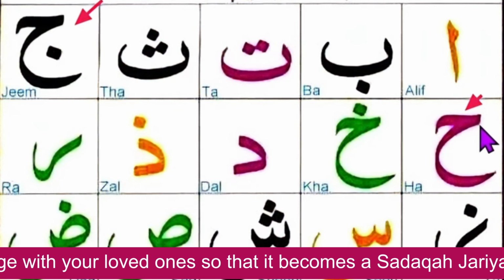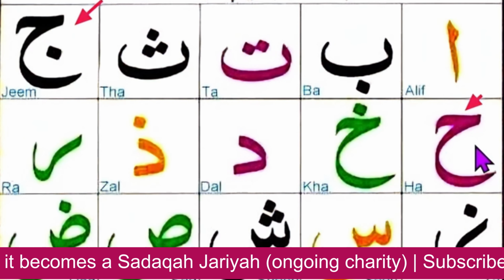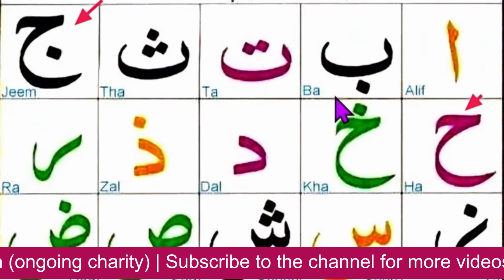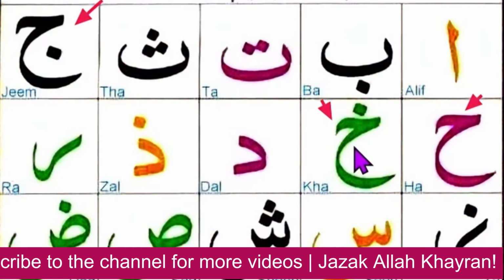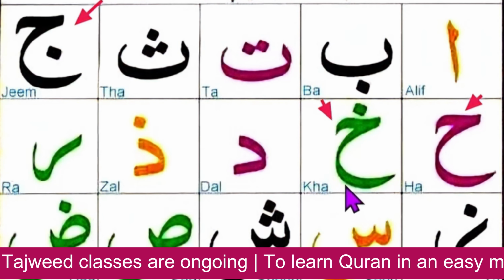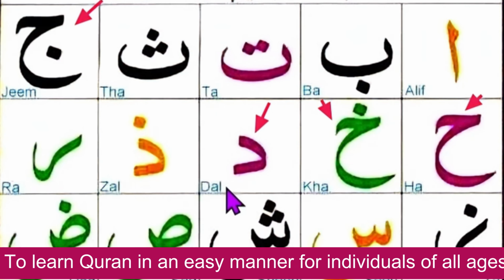When you pronounce it, it is made from the middle part of your throat. Ha. And then we have Kha. This is the bold letter, pronounced with the full mouth. Kha. And then we have Dal.